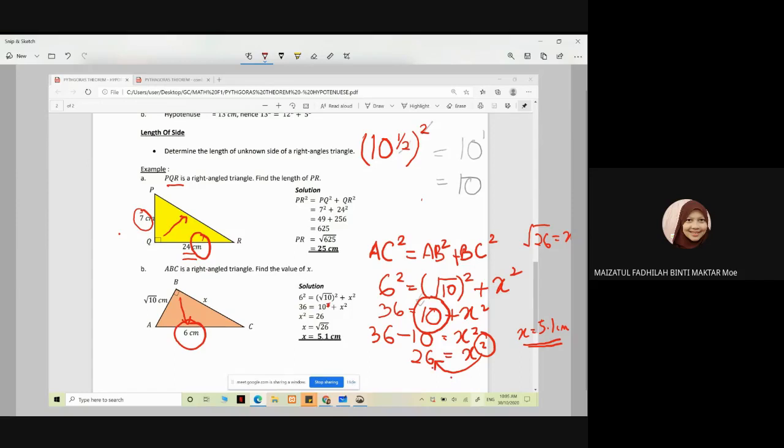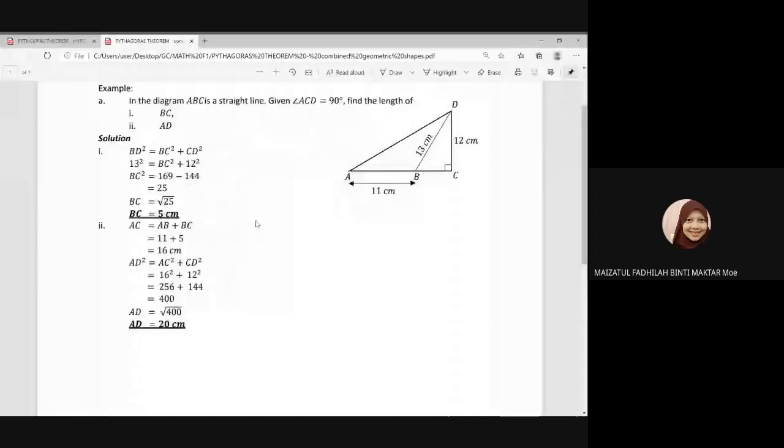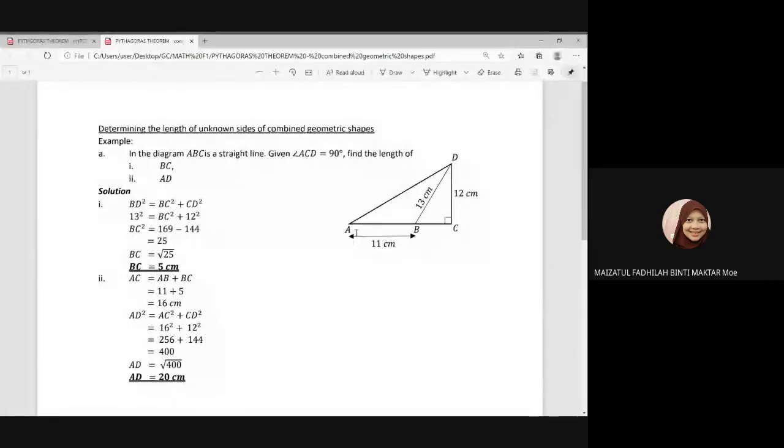If there is a combination of geometric shapes, I project to you another note that I gave yesterday. I hope all of you already wrote down this one. So this one is a combined geometric shape.